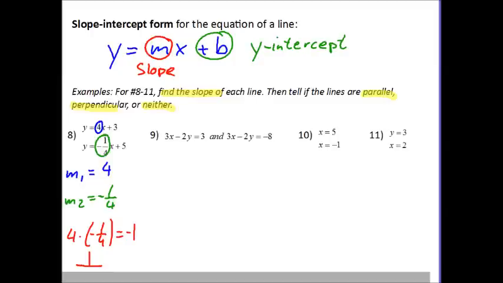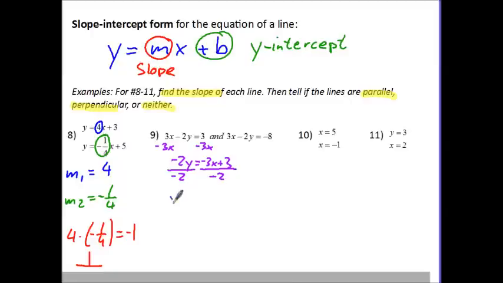There are two easy steps to perform when we want to do that. First, we need to move the x term to the other side. And then we divide everything by the coefficient of the y. And when I say everything, I mean both terms on the right.